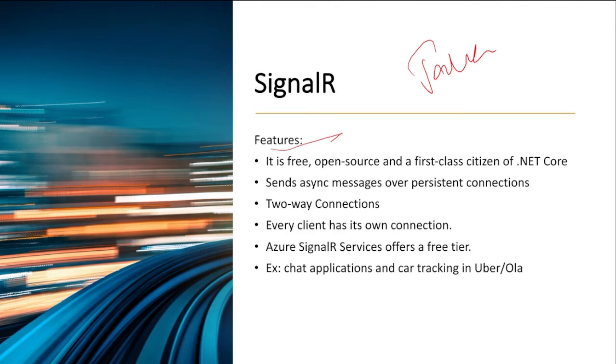We have real-time applications like chat applications or car tracking applications, and we need to pass asynchronous notifications in these applications. Suppose I send a message on WhatsApp to another person, they will get a notification. How do they get the notification immediately? They use SignalR-like libraries to get asynchronous notifications between the client and server.